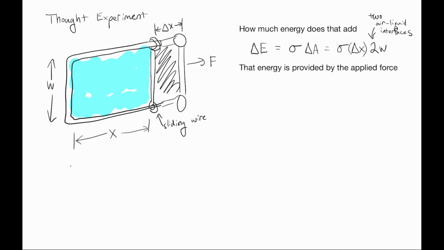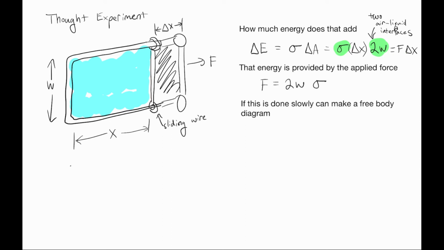Now that energy has to be provided by the applied force that we're using to slide the wire. If we look at the form of the change in energy, it's proportional to a change in distance. And the proportionality constant must be the applied force. So the applied force is apparently the surface tension times 2W, which happens to be the length of the perimeter of the exposed liquid-air interface.